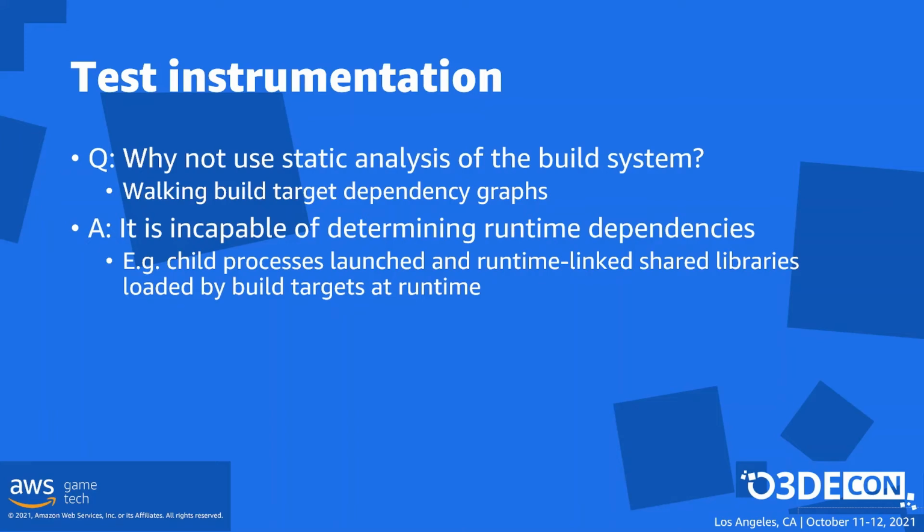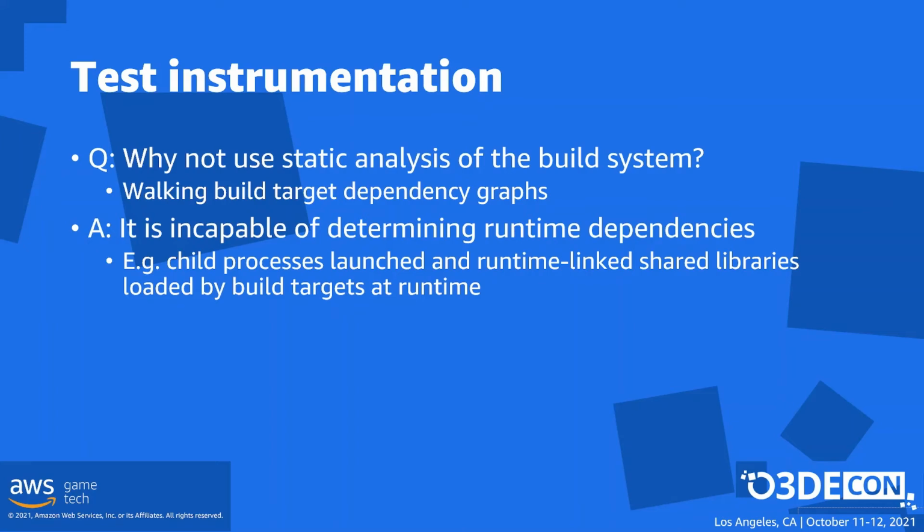With these approaches, for a given test target, they walk through the dependency graph of that test target in order to determine which sources belong to which production targets that are dependees of that test target. However, these approaches are incapable of determining runtime dependencies of not just the test target, but any other build targets that that test target depends on.